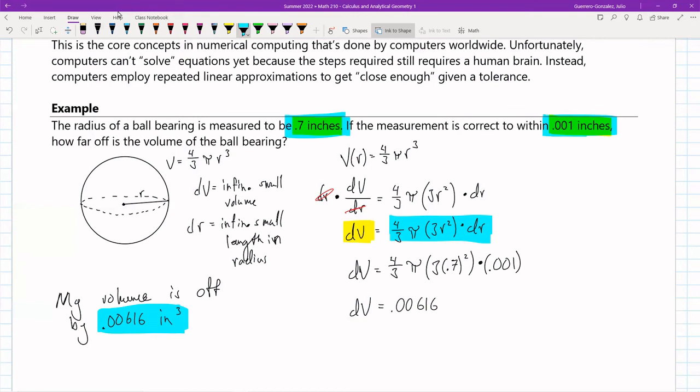This is super useful if you need a volume that's got to be within a specific tolerance. If the ball bearing's too big, you can't use it. If it's too small, you can't use it. So what's the nice spot? How far off are we really? And this is it.